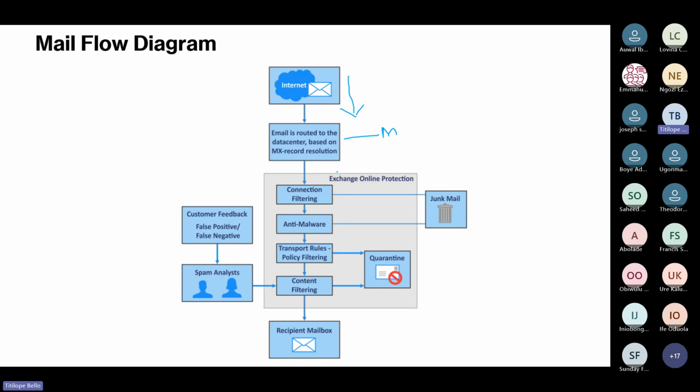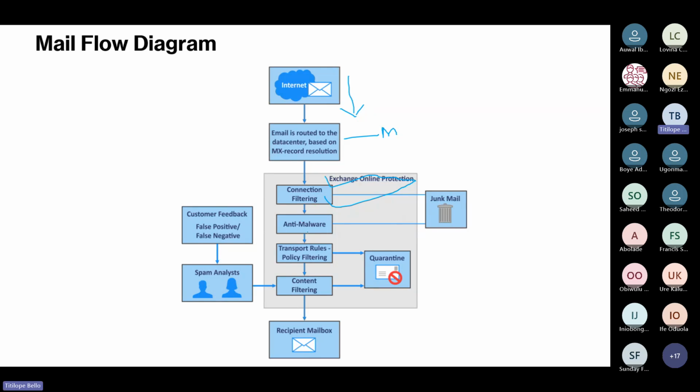Now, when it gets to Office 365, like I said, Exchange Online Protection receives the email. When you receive the email, you check the connection filter. It filters the email. If it has malware, or antivirus or virus or anything, you can send it straight to junk. That's one way.